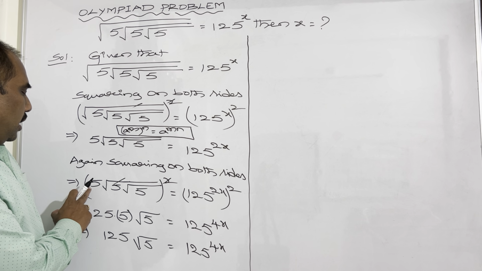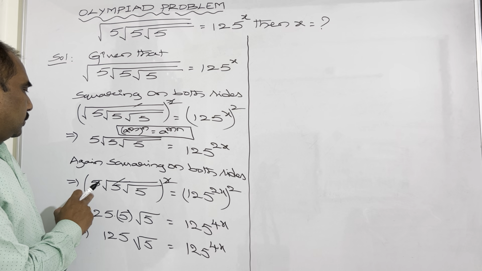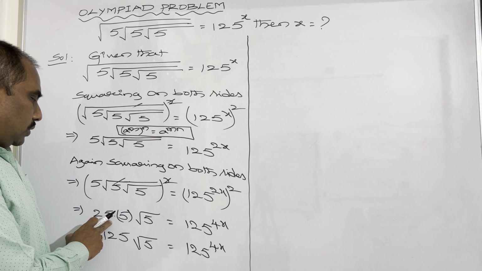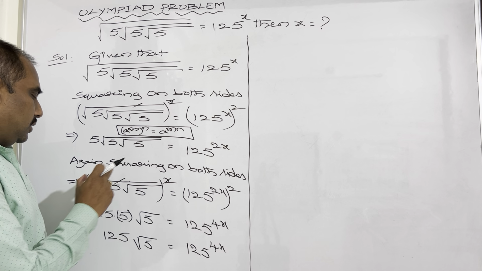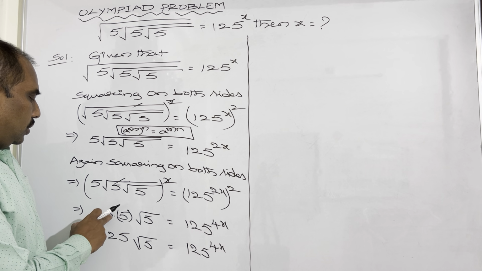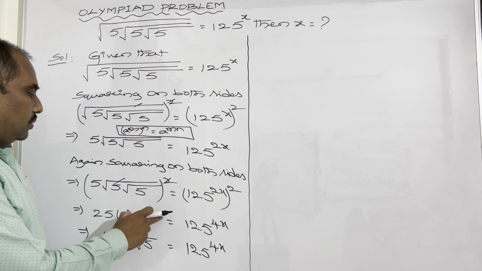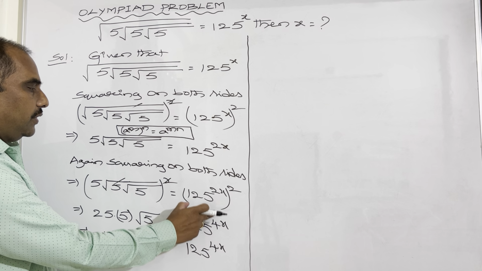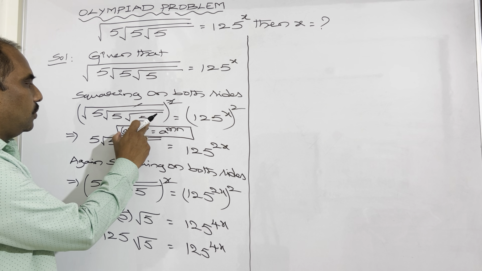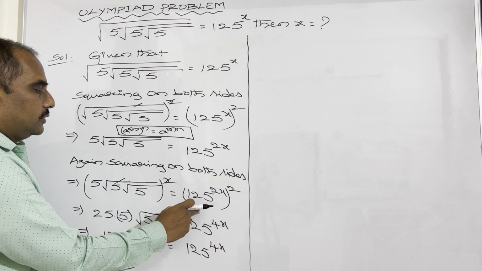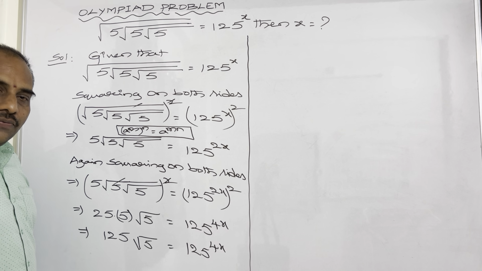See here, again squaring on both sides. So I get here 5 square, that is 25, and this root gets cancelled. So what I get here, 25 into 5 into root over 5, which is equal to 125. This is like a to the power of m whole to the power of n is equal to a to the power of mn. Like that, this is 125 whole to the power of 4x.